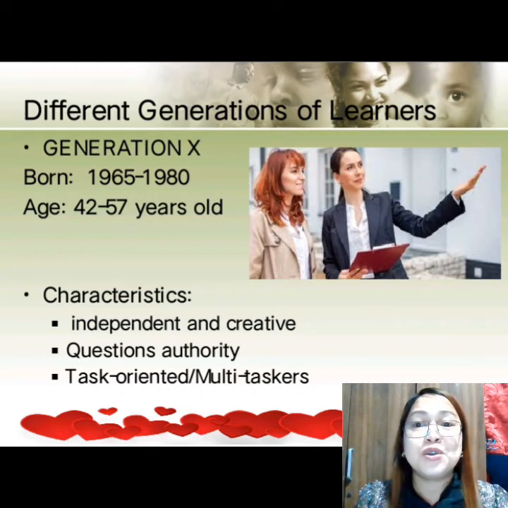Gen X embrace change. They are independent thinkers and prefer to engage in interesting and efficient work. Furthermore, they need instructors to explain in detail their expectations from them. For example, future assignments, the parameters of each lesson, and the sequential steps involved in all assignments.